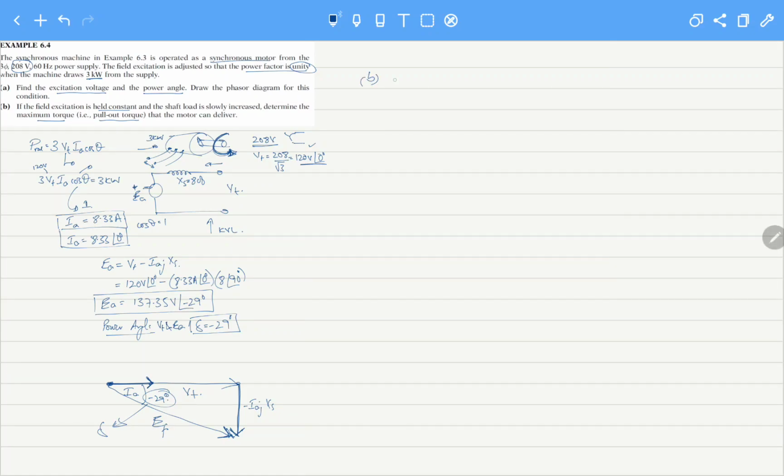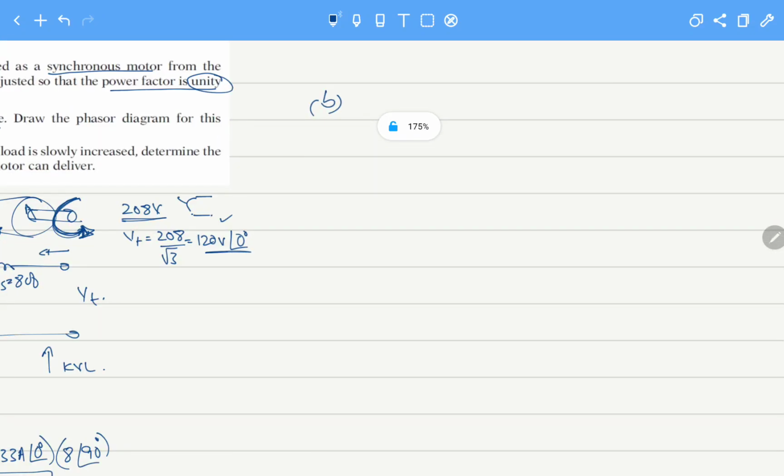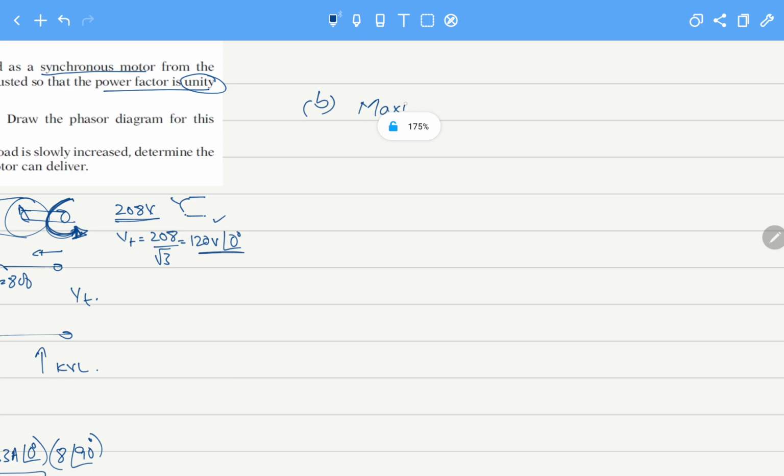So for part B, we are in search of how much maximum torque can be produced. The general formula that you should know for the power is 3 VT EA, that is terminal voltage and the internally generated voltage, divided by synchronous reactance, sine of delta.